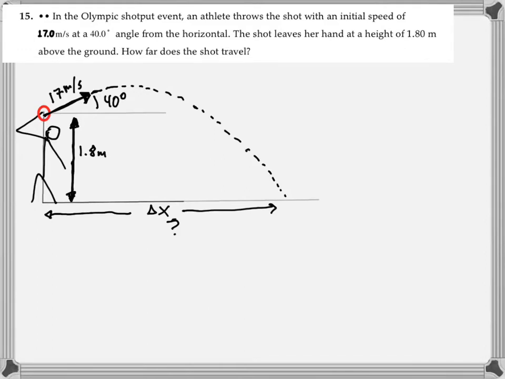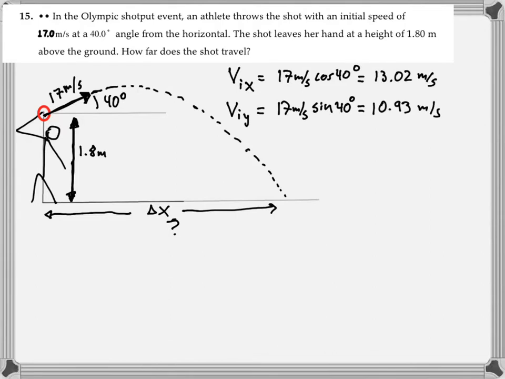Now, before you start any calculations, I would suggest that, given that you have the speed and the angle of the initial velocity, you calculate the components of the velocity, because for projectile motion, you're always dealing with the x component and the y component of the velocity. You never deal with the speed of the object directly. So we're going to calculate the x component of the velocity and the y.